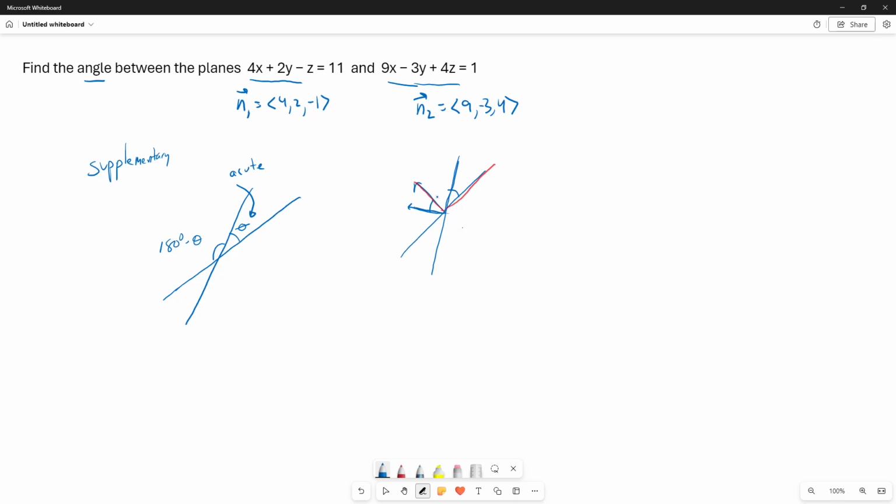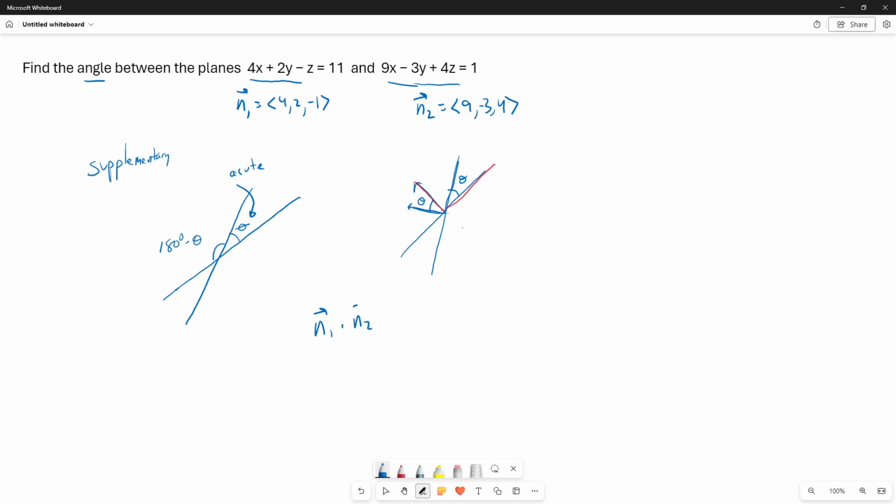So the normal vectors are essentially rotated 90 degrees from the planes, and therefore, since it's the same amount of rotation, 90 degrees, the angle between the normal vectors will be the angle between the planes.